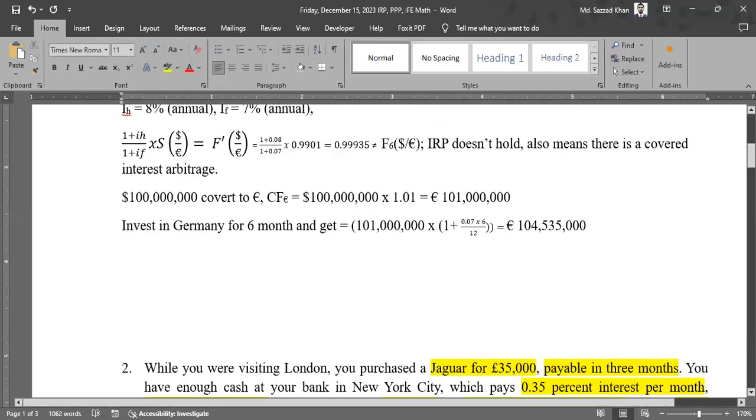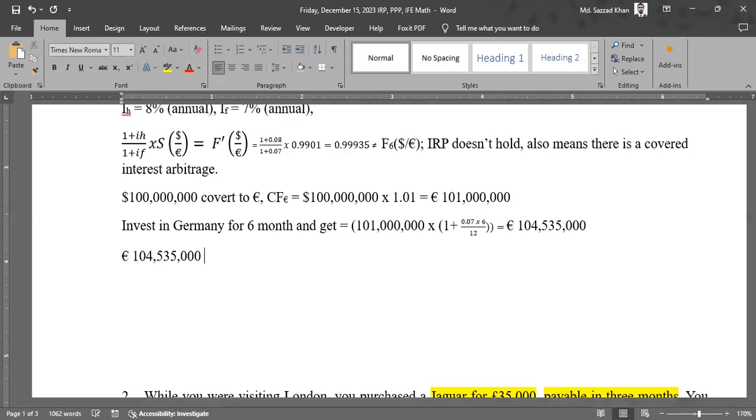So you have it in euro, now you need to convert to your own home currency, right? Convert to dollar. To convert to dollar, we use the forward rate, right?